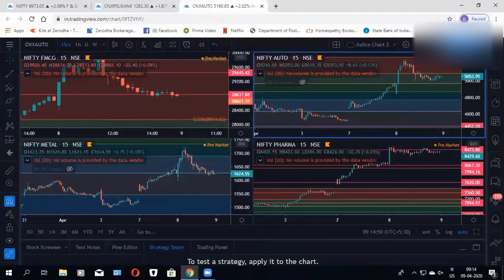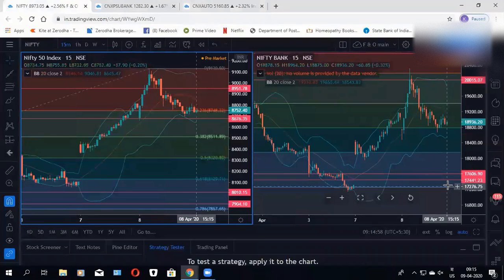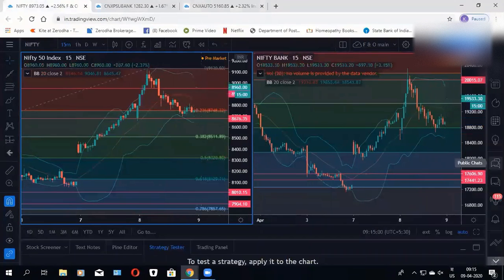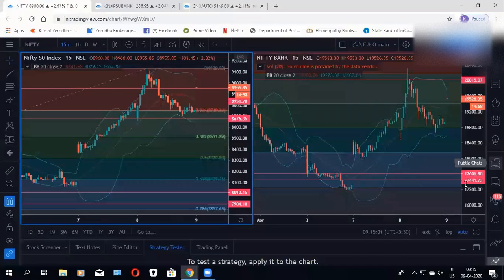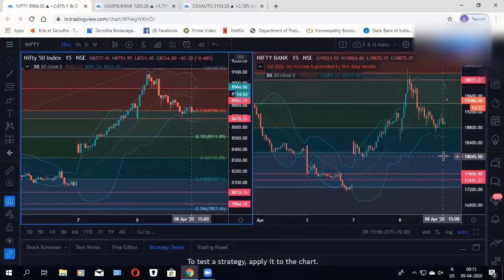Now, this is something that I generally do. I keep all the 4 indices, all the 5 indices, Nifty and others, open before the opening of the market, and just check. This is the first green candle that is coming up. 9:15 green candle.